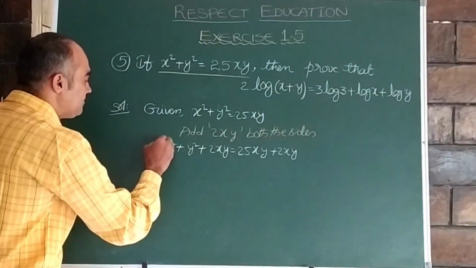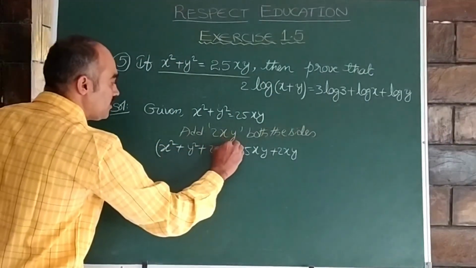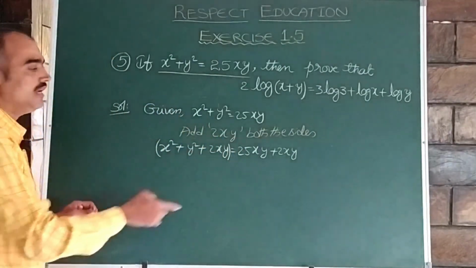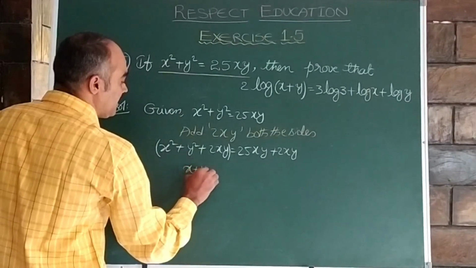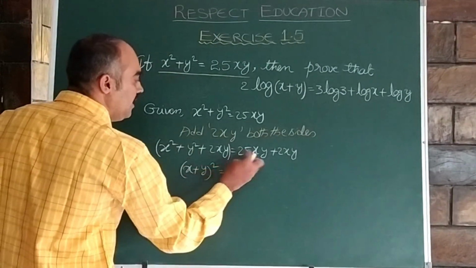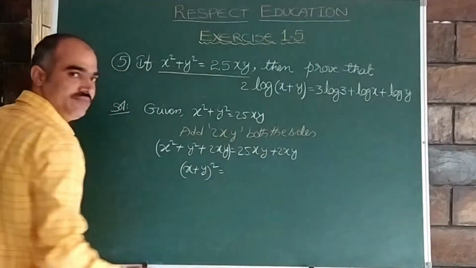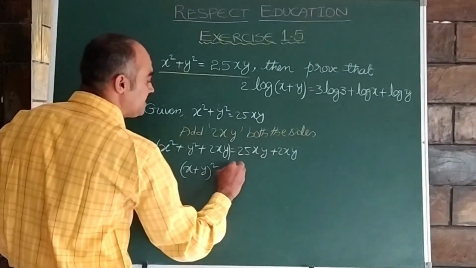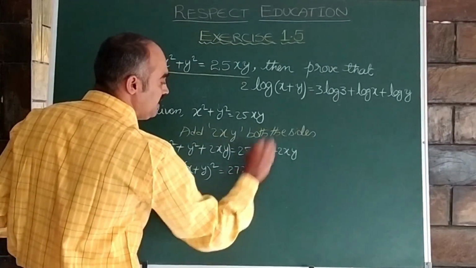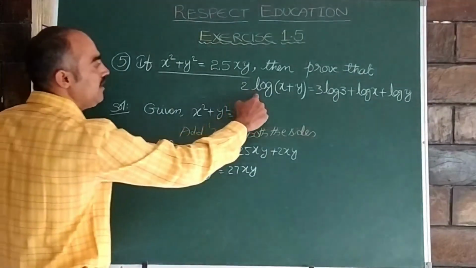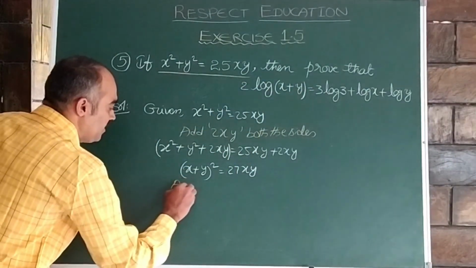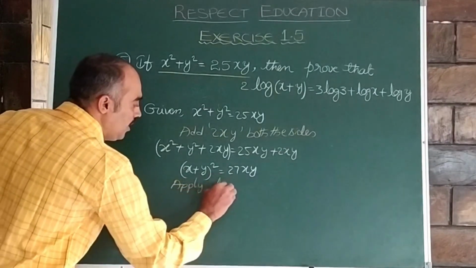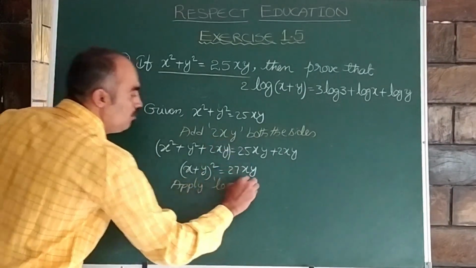Now this x square plus y square plus 2xy becomes x plus y whole square. For that purpose we have added it. So this can be written as x plus y whole square equals 25xy plus 2xy, that is 25 plus 2, 27xy, right? Now again logarithm is required, so apply log or logarithm both the sides.